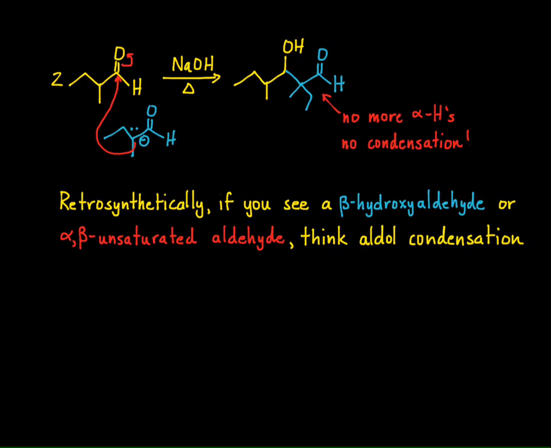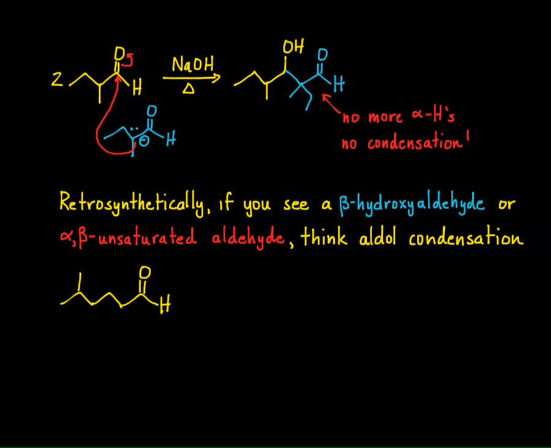Always look, if you have an aldehyde, always look to see if there is a double bond at the alpha beta position or a hydroxy group at the beta position. And if so, that should be a red flag to you that the product happened through an aldol condensation.